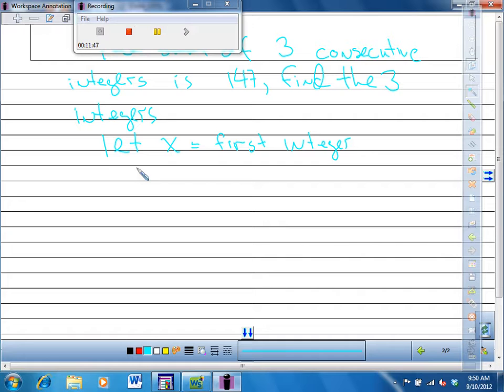How do I make something 1 bigger? I add 1, right? So the next integer would be x plus 1, and that's the second integer. What would be the next integer after that? That is 1 bigger than that integer. x plus 2 is the third integer.